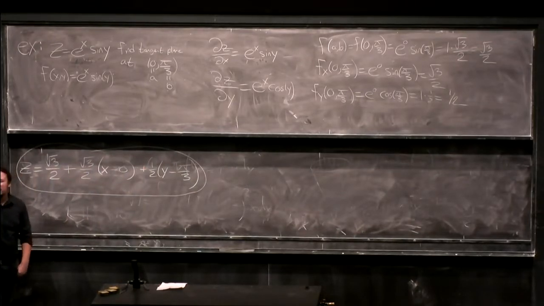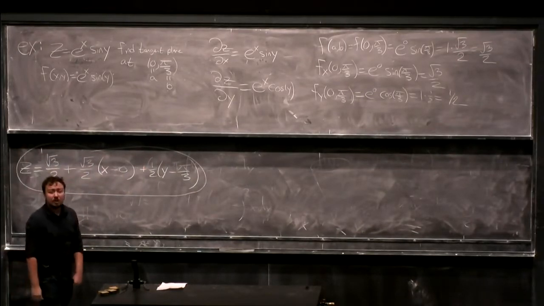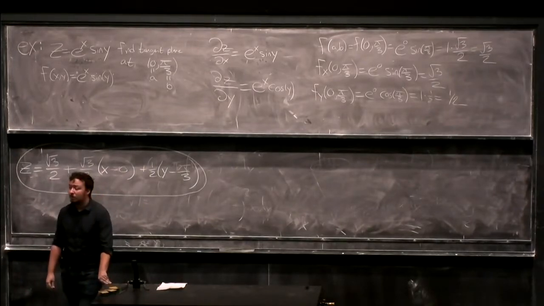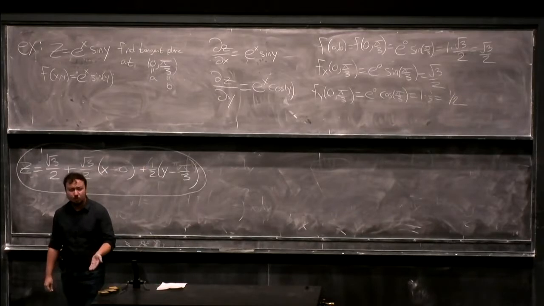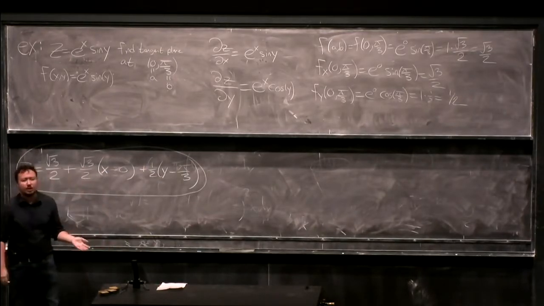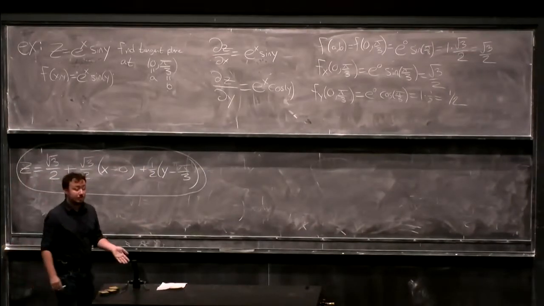So kind of like the tangent line in Calc 1, the tangent plane is a good approximation of our function nearby the point 0, pi over 3, or really any other point that you would want if you found the tangent plane there.